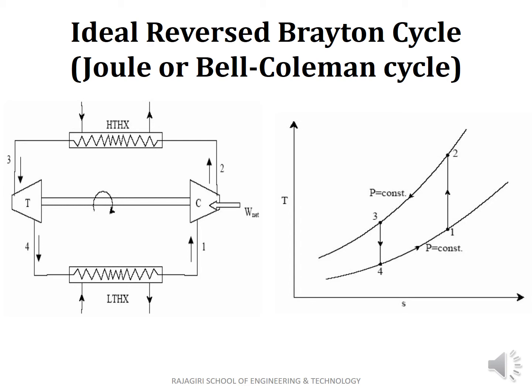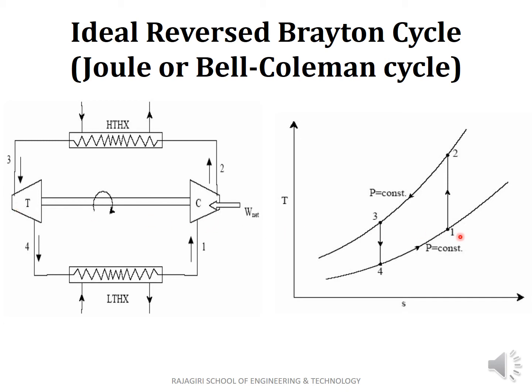In this cycle, as you can see from the flow diagram, we have replaced the two isothermal processes, that is the isothermal heat rejection process at a high temperature and the isothermal heat absorption process at a low temperature, with isobaric processes, constant pressure heat rejection and constant pressure heat absorption, by replacing the compressor and the turbine with heat exchangers. Here this is the high temperature heat exchanger and this is the low temperature heat exchanger. The other two processes are the same.